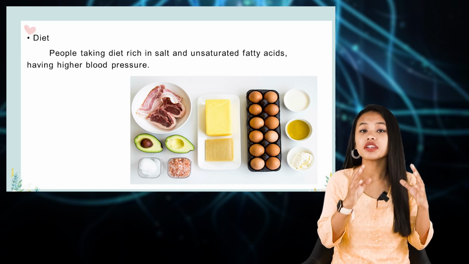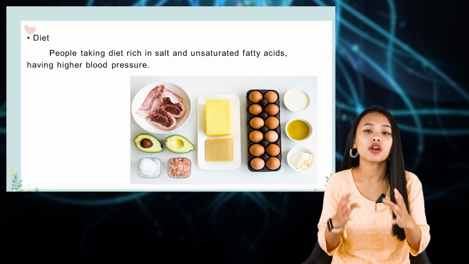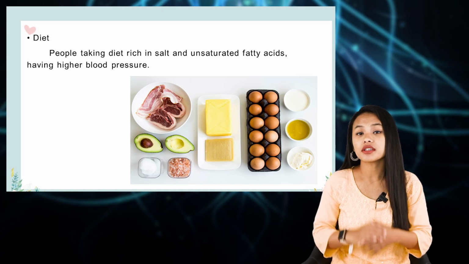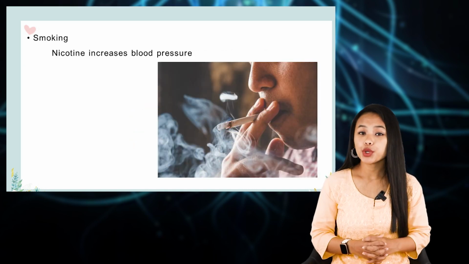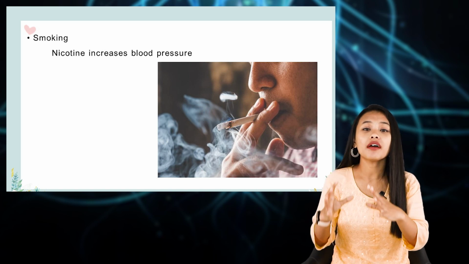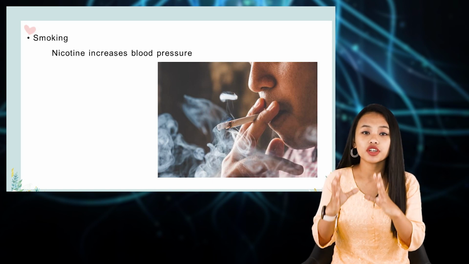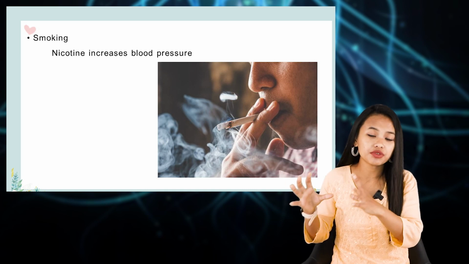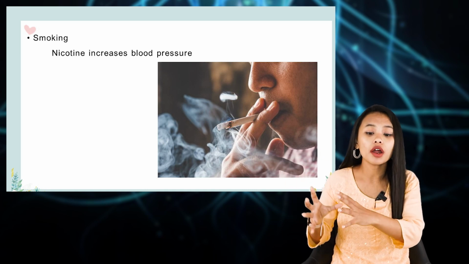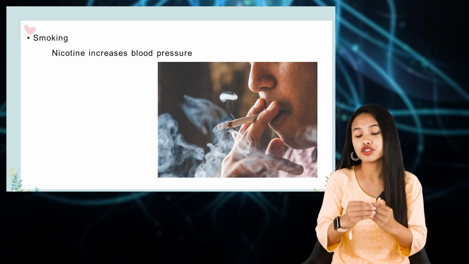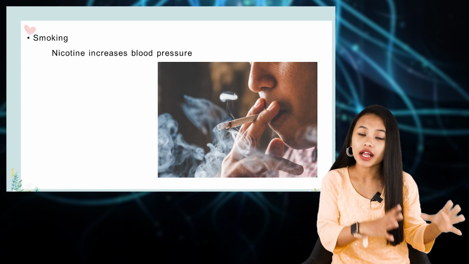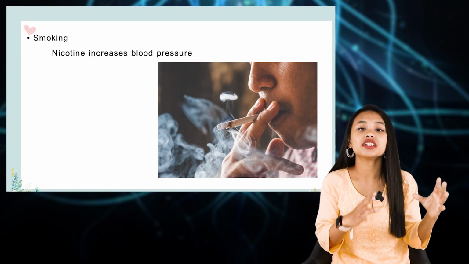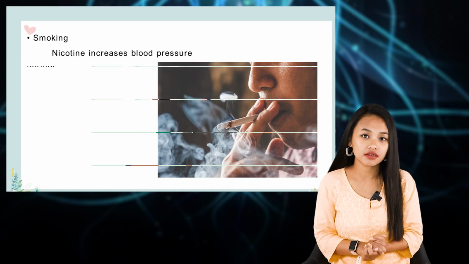Not only that, but even those who are under caffeine or cocaine, it is seen that their blood pressure will be higher. And even people who have the habit of smoking will have an increased blood pressure. Why? Because nicotine will be present, right? This nicotine is the one which will increase the blood pressure of an individual. So ultimately, if an individual has the habit of smoking, then his blood pressure will also be increased.